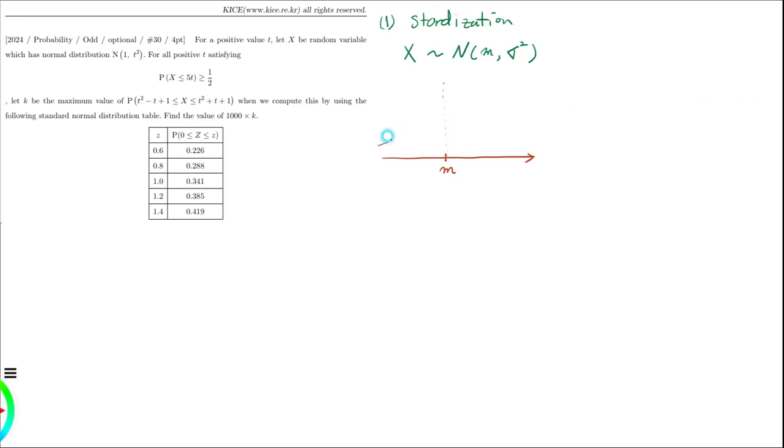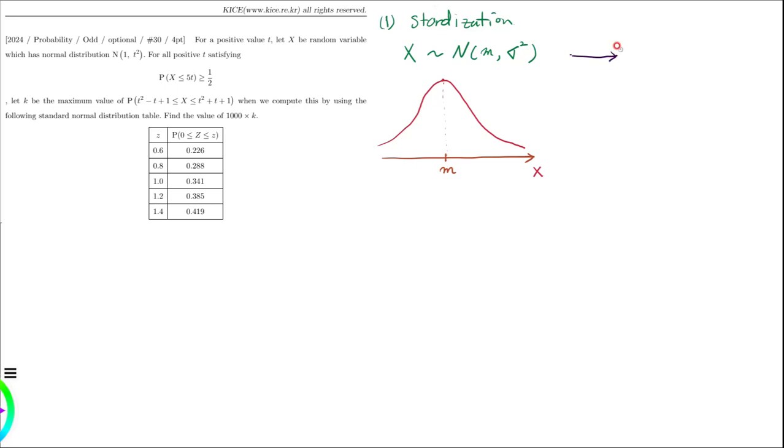The maximum value takes place when x equals m. Here is a probability density function graph.